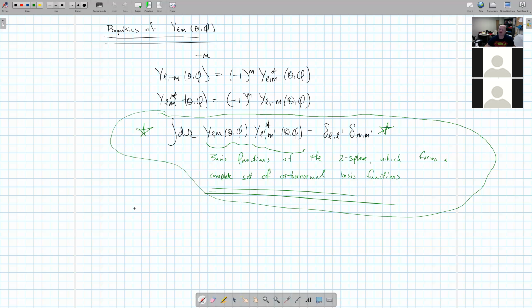We have to truncate it at some point when the numerator goes to 0, and that gives us the Laguerre type polynomial instead of an infinite sum. But again, you already saw that in math methods. It'll be in the book if you want to remind yourself. That's what we'll talk about next time.